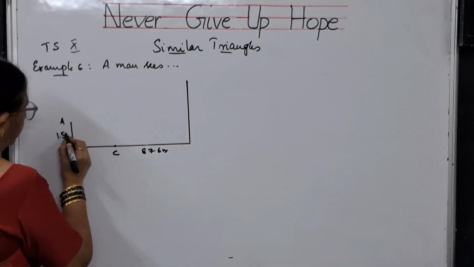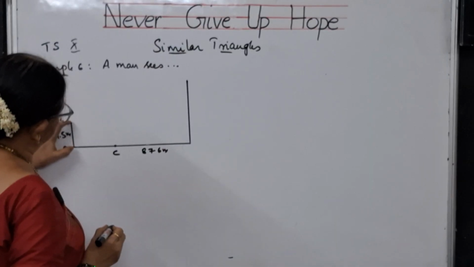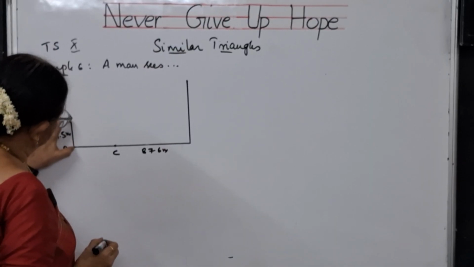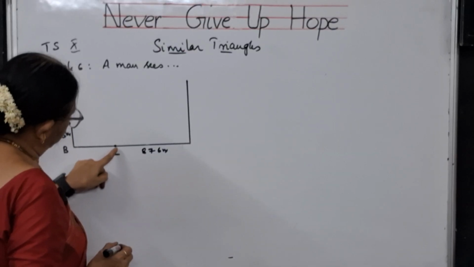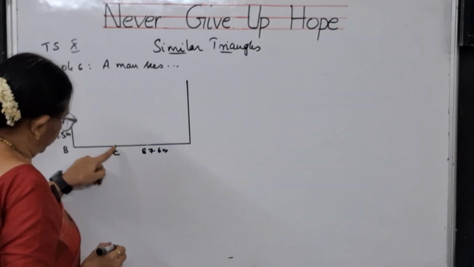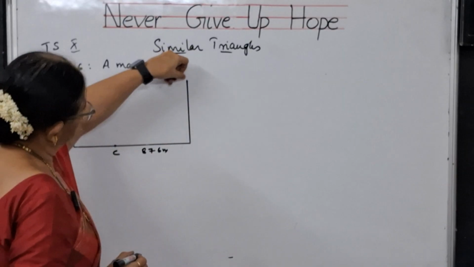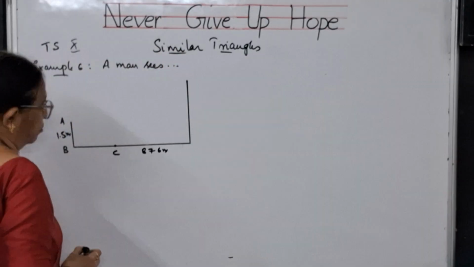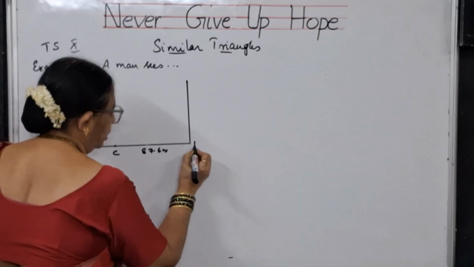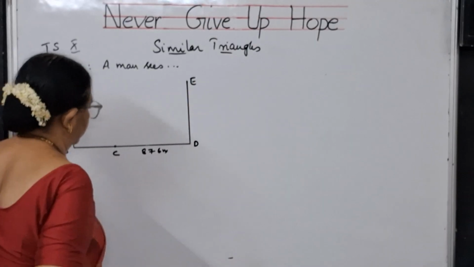So this is the man who is standing here. He can see from here. The mirror is here, so in this mirror he is seeing the reflection of the top of the tower. DE is the height of the tower.